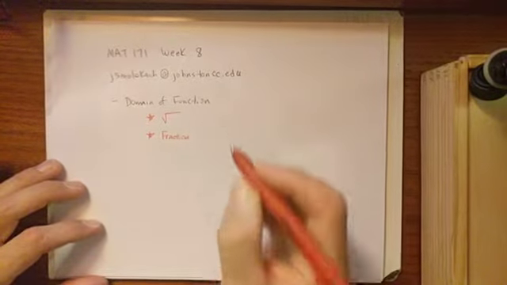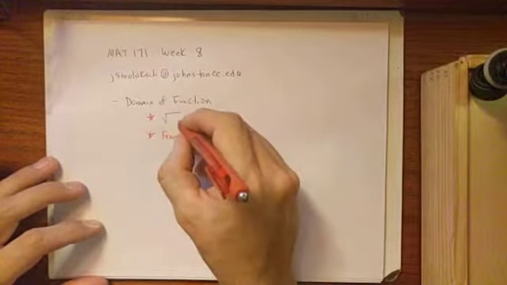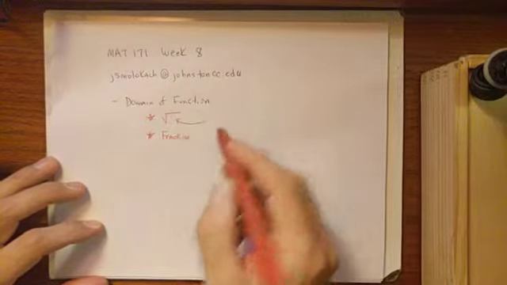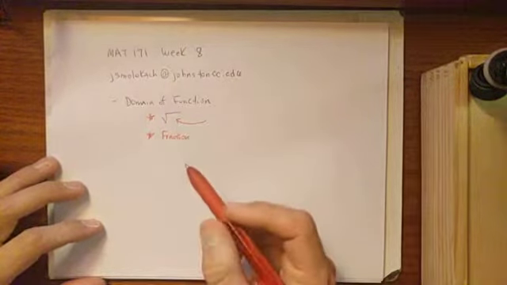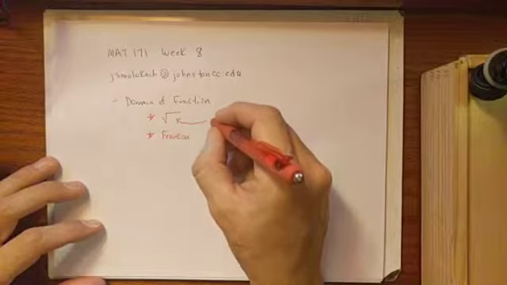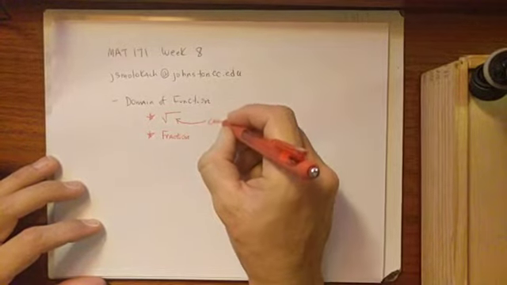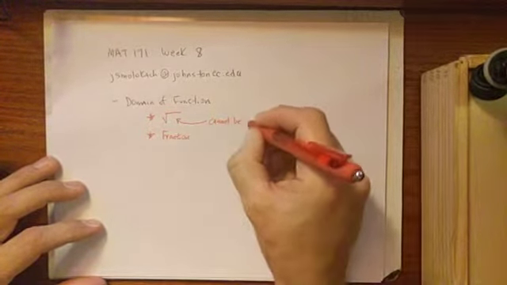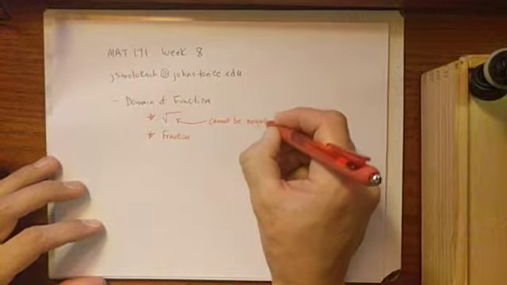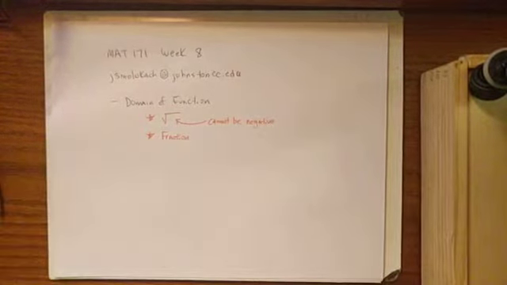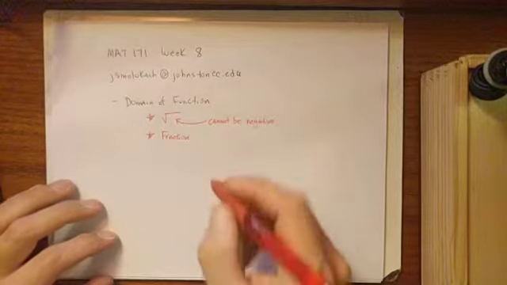So what are issues with square roots? Well, the inside of a square root, this is called the radicand, if you care about that. This cannot be negative. You get an imaginary number when you try to square root a negative, and those numbers are not in the domain of a function, right?